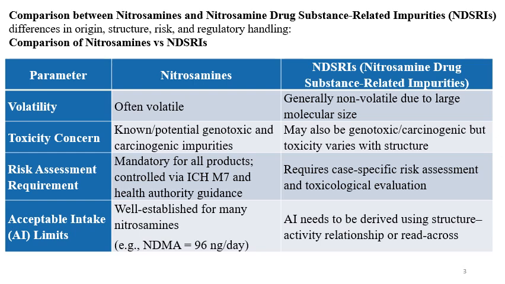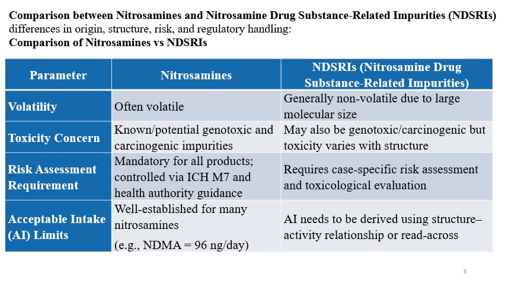NDSRIs require a cross check, and they require case-specific risk assessment and toxicological evaluation. So if the NDSRI risk is not there, then it depends on a case-by-case basis whether the molecule is sensitive for the formation of NDSRI. Based on that, we can go ahead.